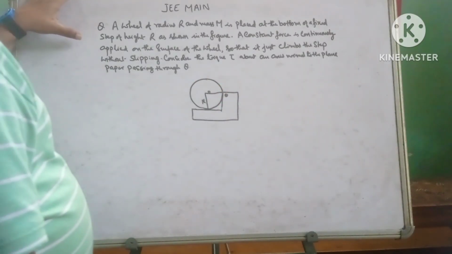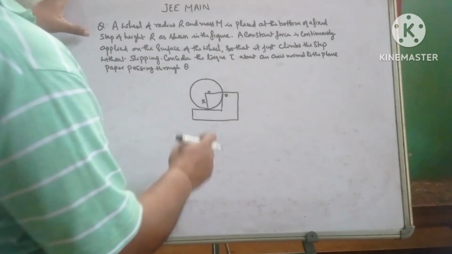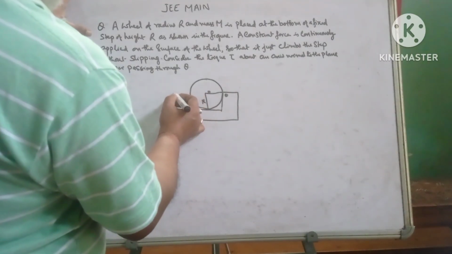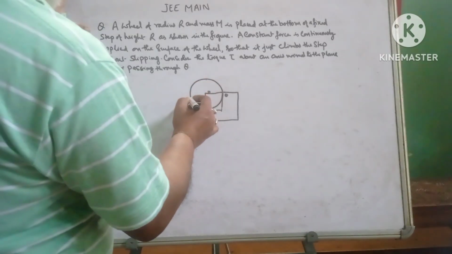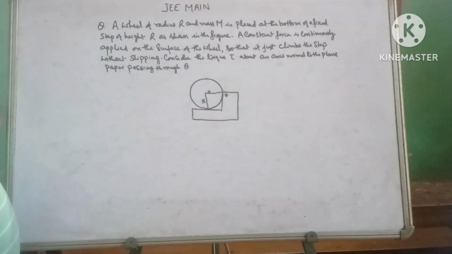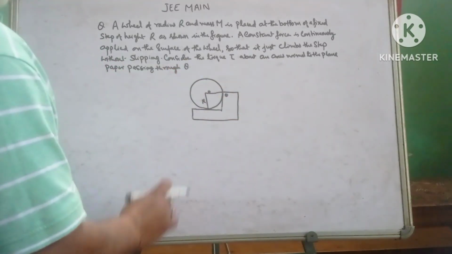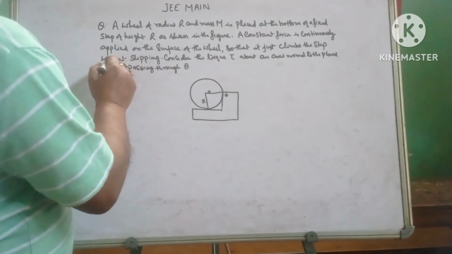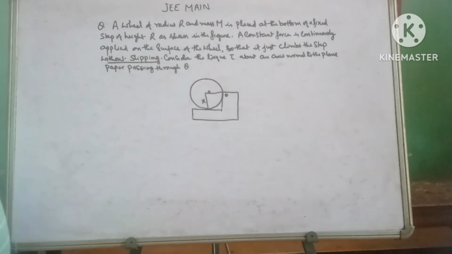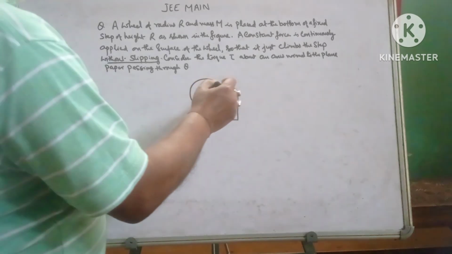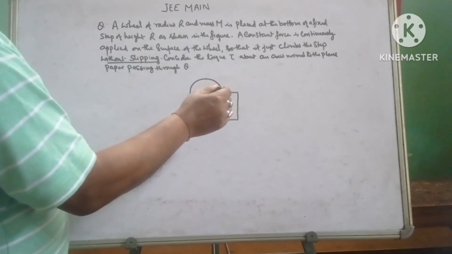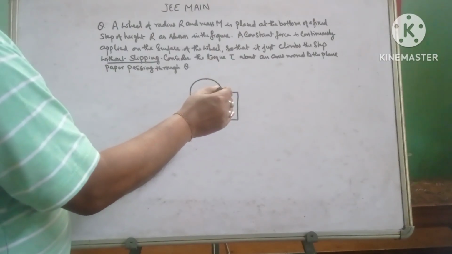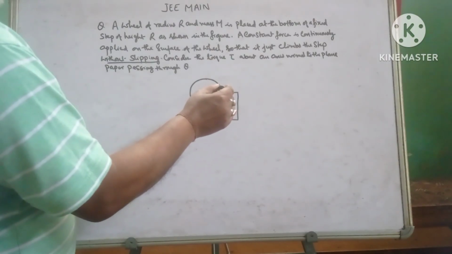A constant force is continuously applied on the surface of the wheel so that it just climbs the step without slipping. Consider the torque about an axis normal to the plane of the paper passing through Q. This is the torque you have to consider.